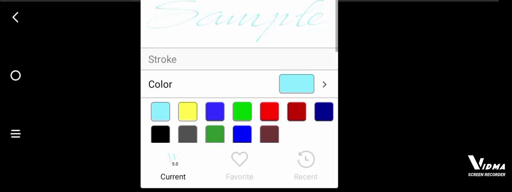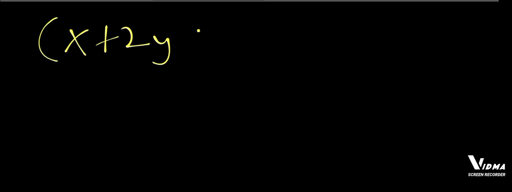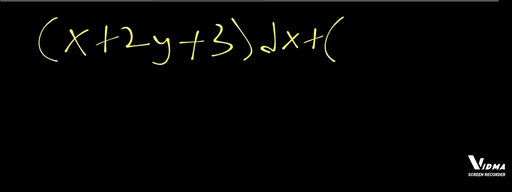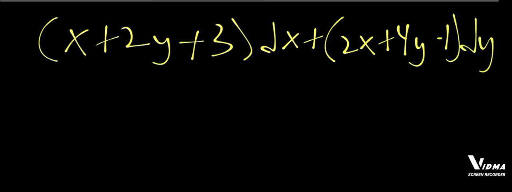Okay, so the question is (x plus 2y plus 3) dx plus (2x plus 4y minus 1) dy being equal to 0.